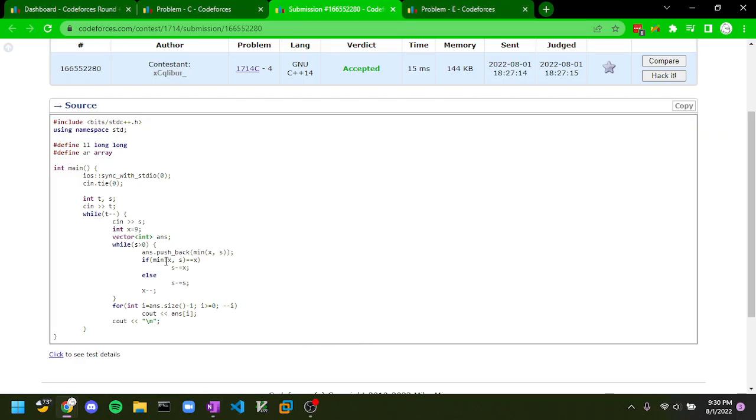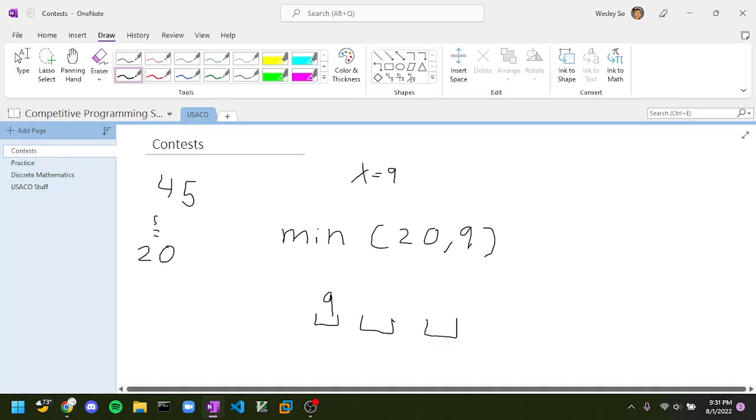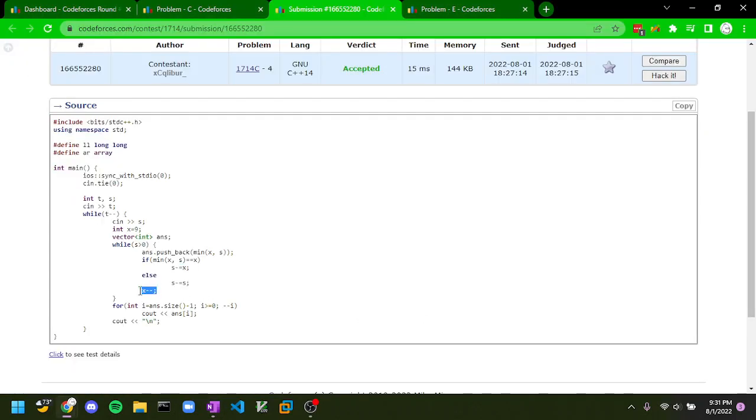And after that, since x is the smaller one, since the minimum of x and s is equal to x, meaning x is less than s, we subtract x from s, so s minus equals x, and so s is now equal to 11, because we already used 9, and the sum of our digits should be equal to s. As soon as we use 9, we first of all can't use it again, which is why I do x minus minus, because we can never use x again.